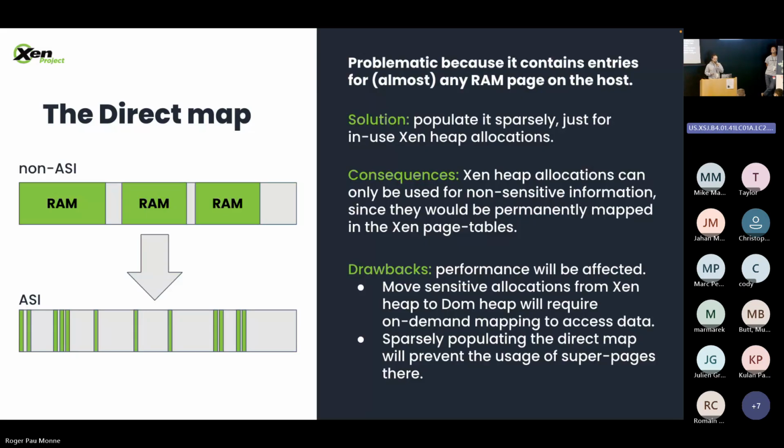Now you have to map your Xen heap mapping into this sparsely populated direct map that is not assigned to yourself. So there's complexity. Performance, we expect performance to be affected to some extent, but on the other hand, there are some concurrency matches that suddenly disappear. So we'll see after we manage to run some benchmarks.